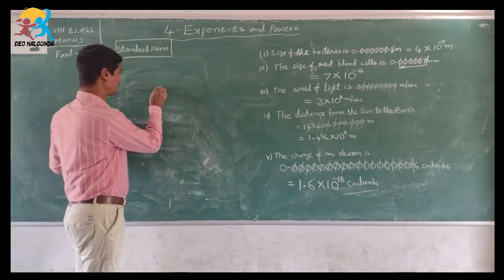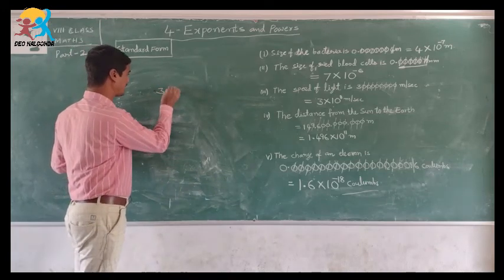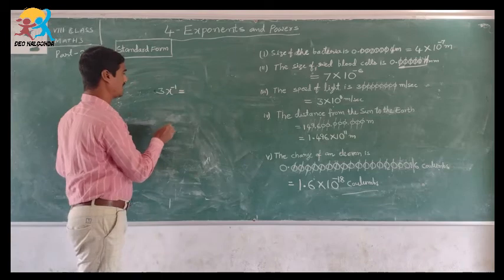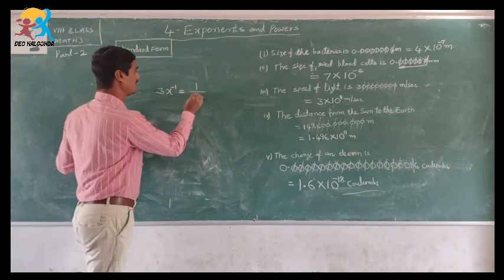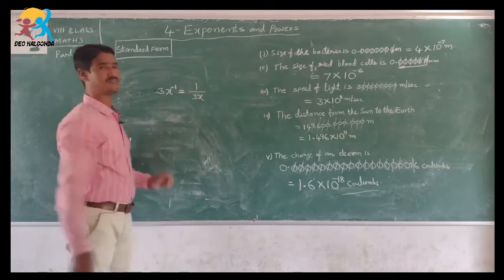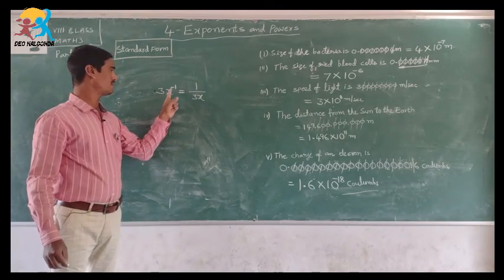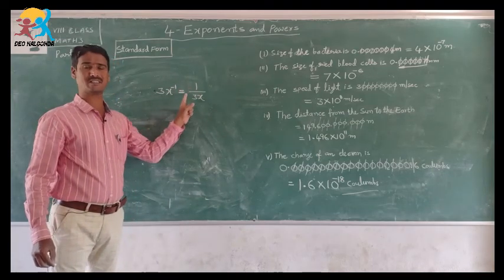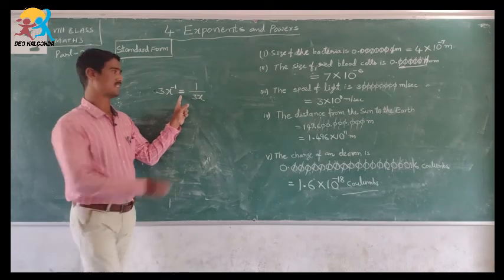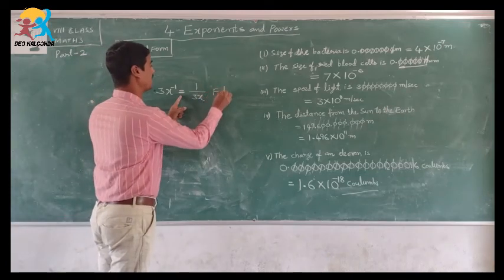Suppose 3x power minus 1 equals, they will write 1 by 3x. Is it true? 3x power minus 1 is equal to 1 by 3x. Is it true? It is false. Why?